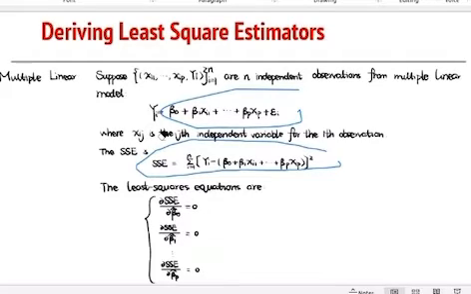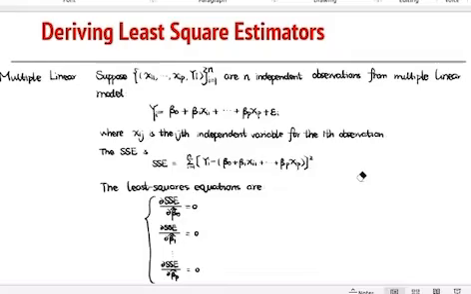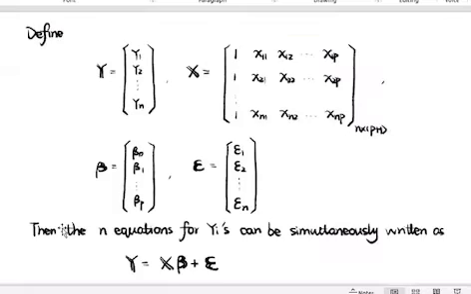Okay, but do you know that if you can write it in matrix form, things will be easy? And you're going to see y still remains y, but x, what has happened here?